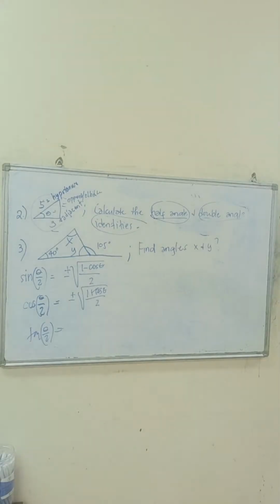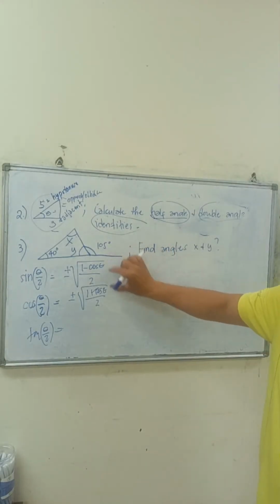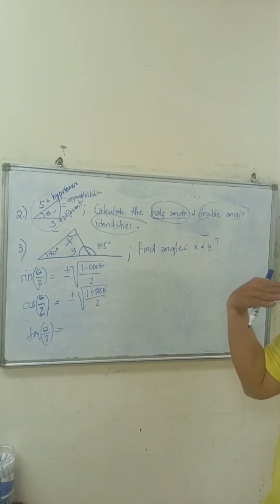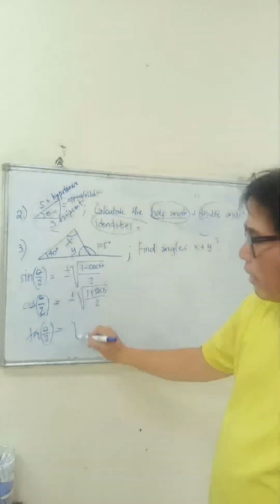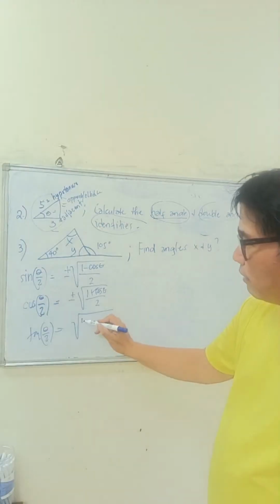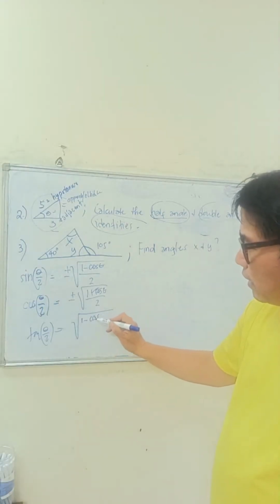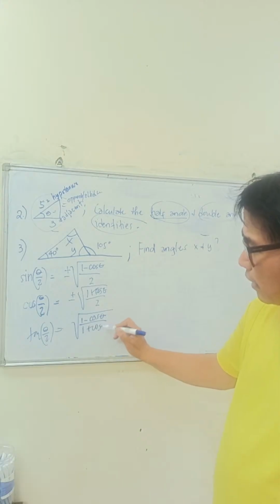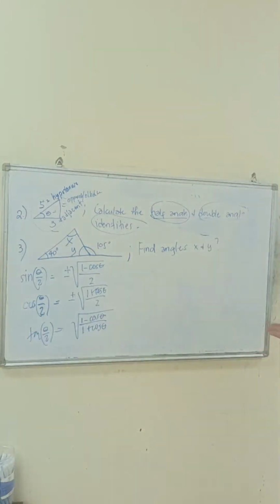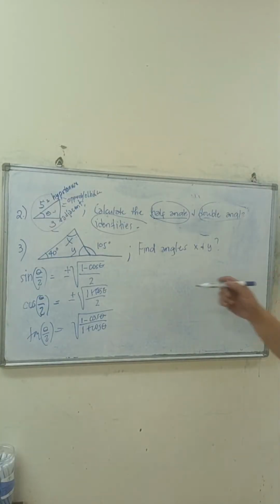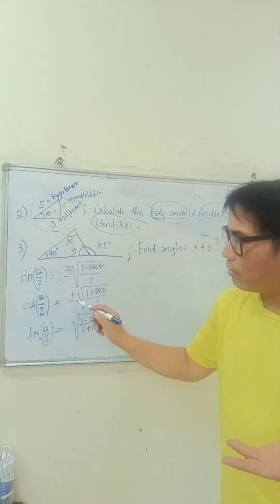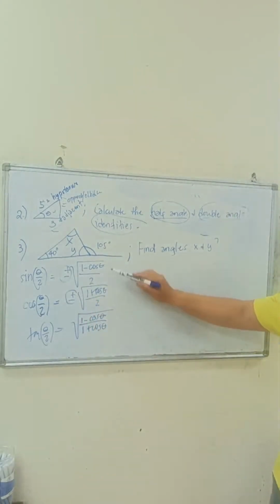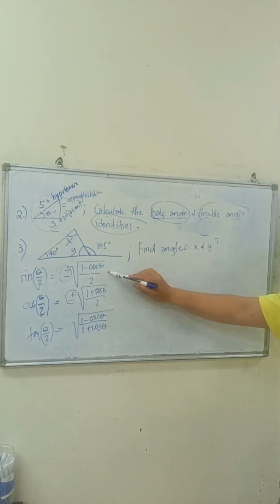Therefore, tangent theta over 2, by definition, is sine theta over cosine theta. So you're going to divide this one by this. The result will be the square root of 1 minus cosine theta over 1 plus cosine theta. Then what happened to your sign? Again, some teachers will not discuss what happened to the sign. They will only discuss this division inside the radical.